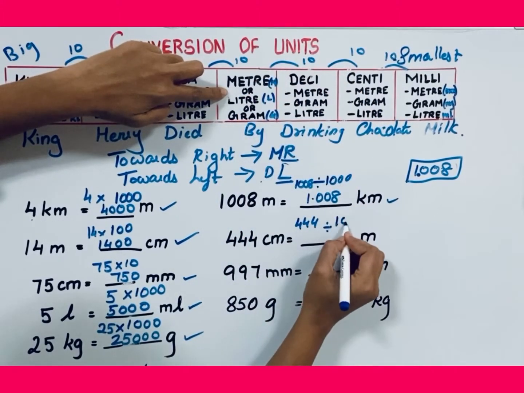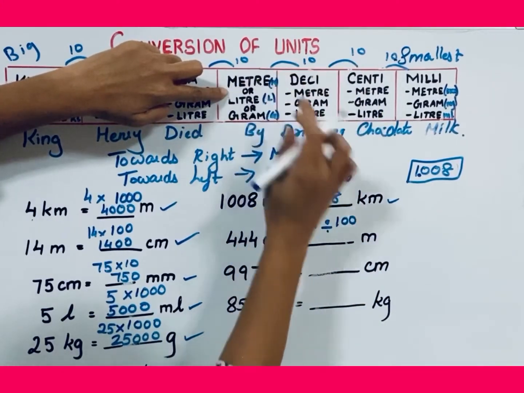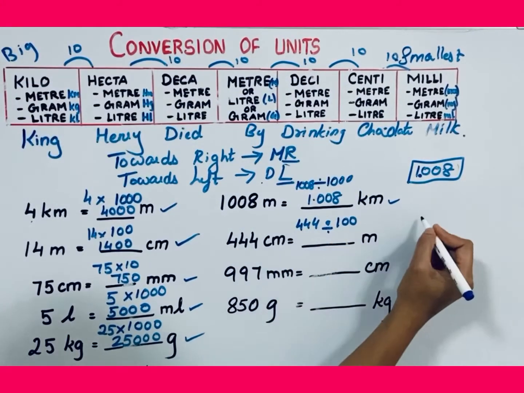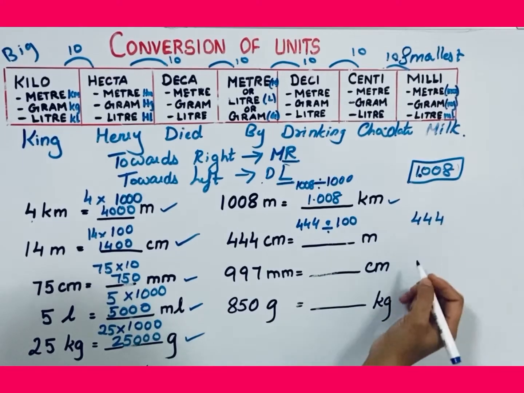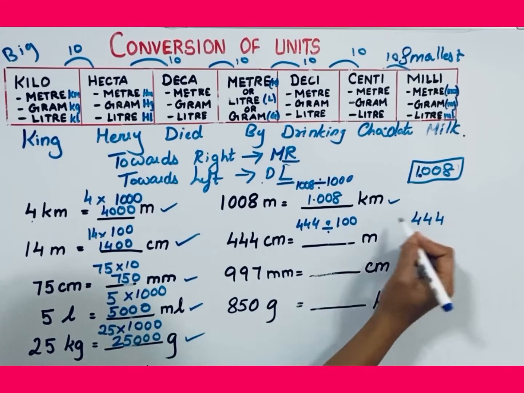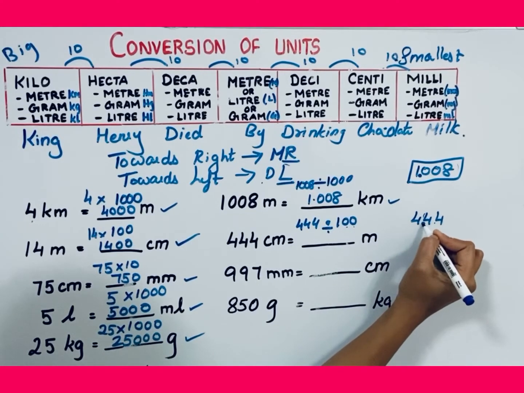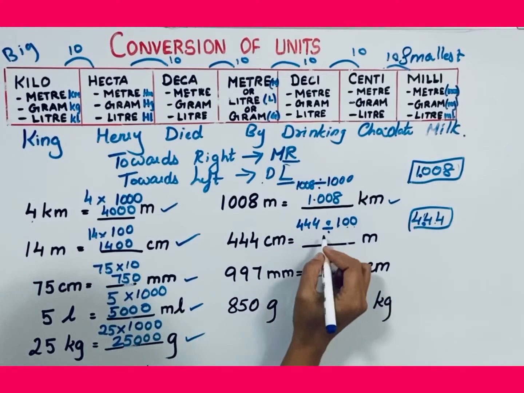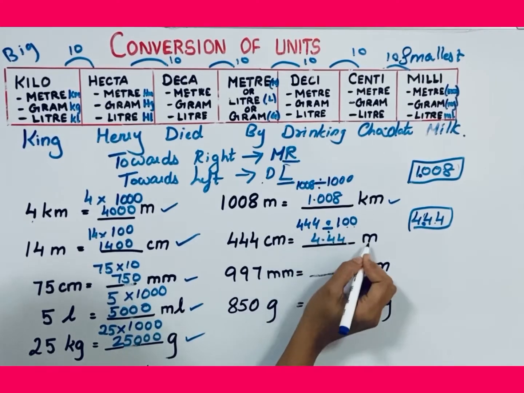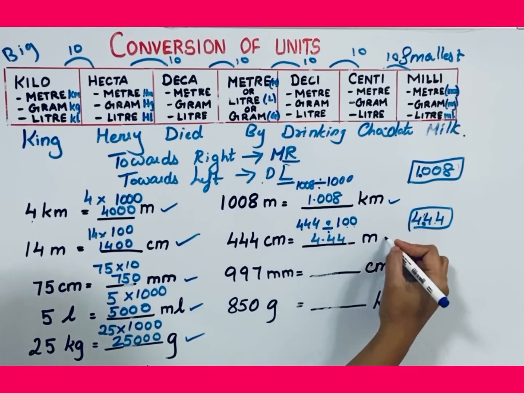So it's 100. Divide by 100. 444, if you divide by 100, you have to move 2 times towards left. 1, 2. So here is the point. It's 4.44 meter.